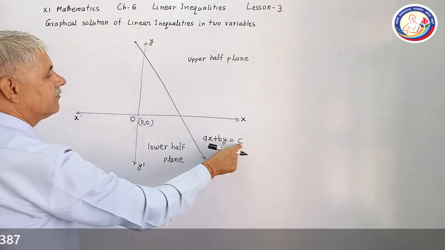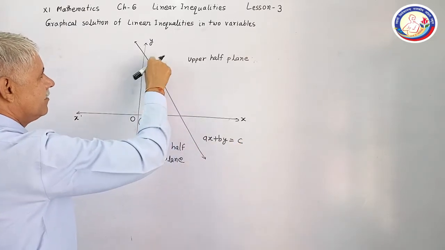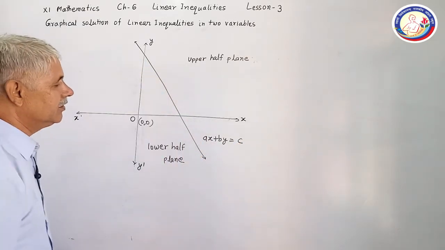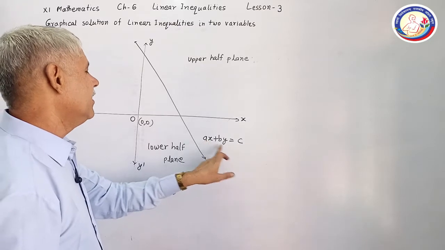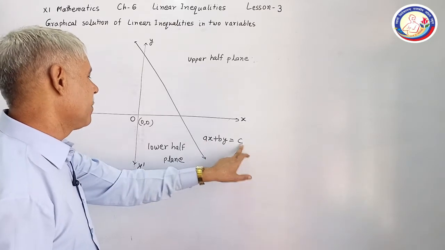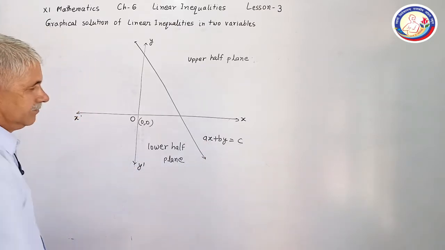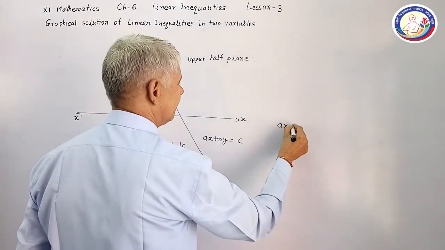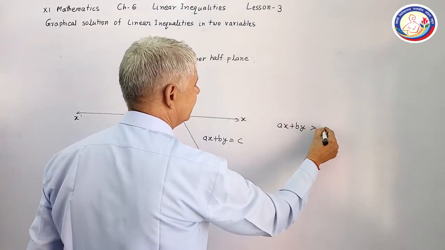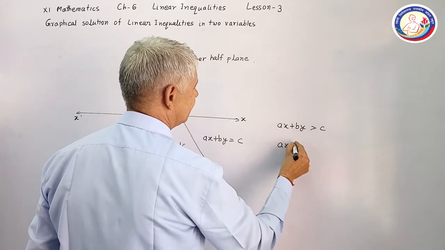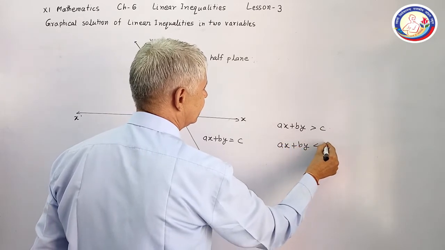The solution of this equation will be represented by this line. And all points on this line, their coordinates will be solutions of this equation. Now what about inequations? Ax plus by is greater than c, or ax plus by is less than c.